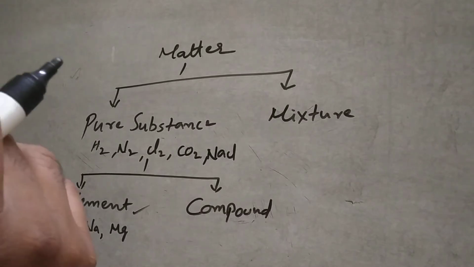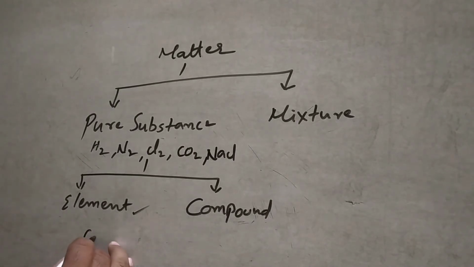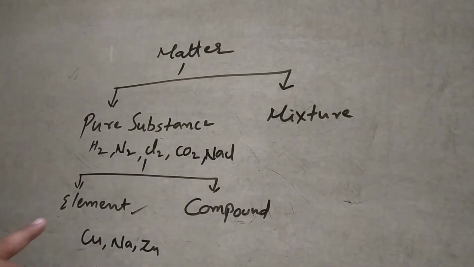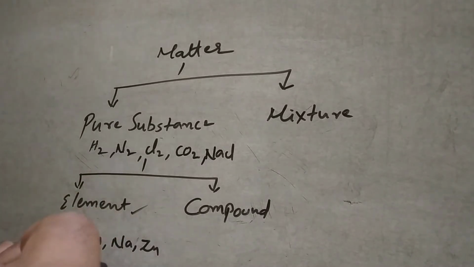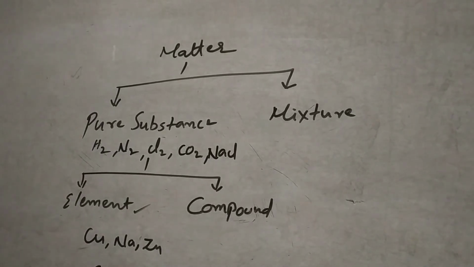Generally, we write elements such as copper, sodium, zinc pieces, or S8, P4, O2, Cl2. These are examples. Why? Element means a group of identical atoms: all Cus, all Nas, all zinc, all S8. These are pure only.